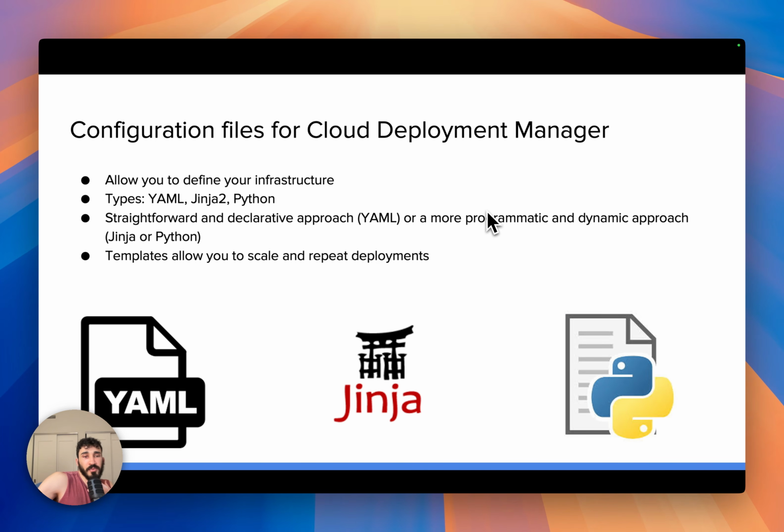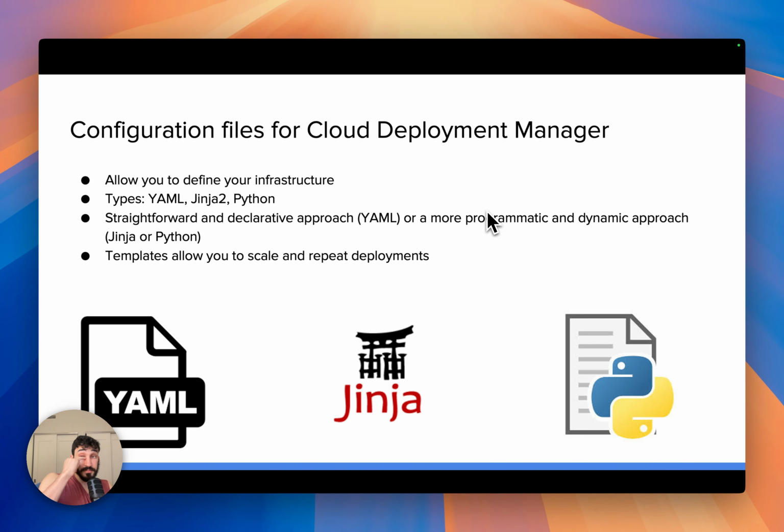Configuration files for Cloud Deployment Manager. This is something I want to touch on. These are the files that allow you to define your infrastructure. They are in YAML, Jinja 2, or Python with Deployment Manager. You can either take a straightforward and declarative approach with YAML, or a more programmatic and dynamic approach with either Jinja or Python. And these templates allow you to scale and repeat deployments, right?